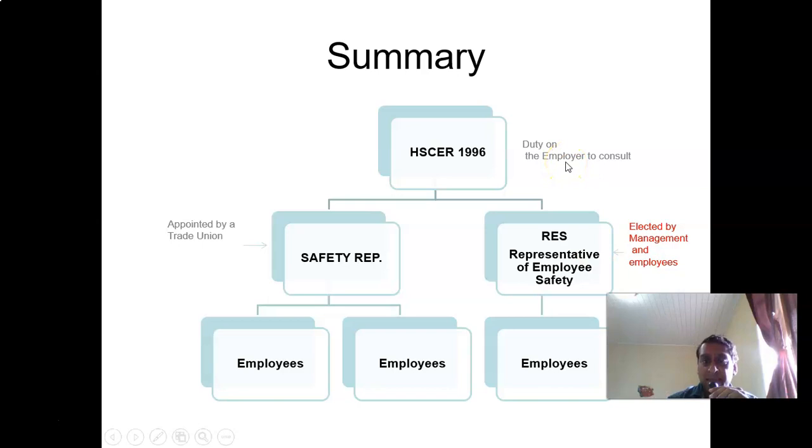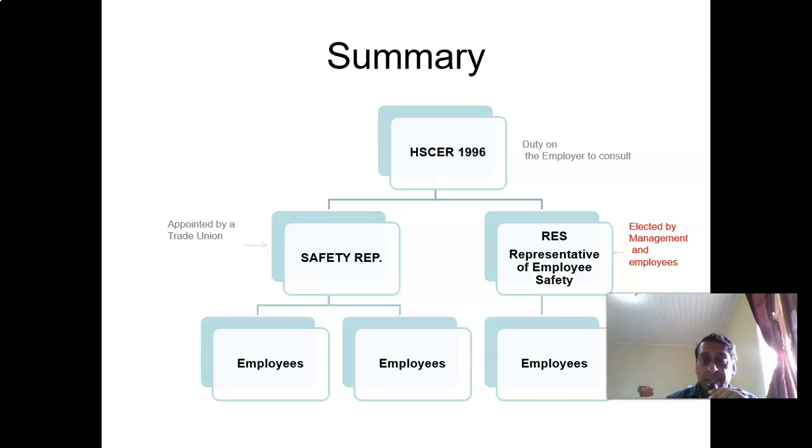One of them is known as a safety representative, and that one has been appointed by the trade union. This person is a degreed person, a professional, and again they have the power of the union behind them. The second person, the representative of employee safety, has been elected by management and the employer.